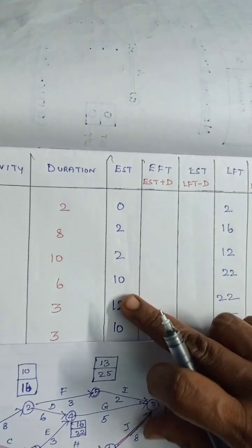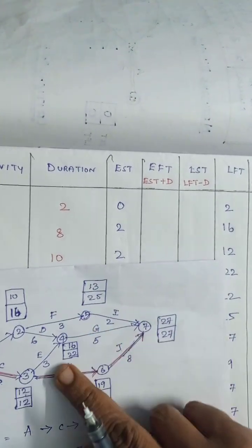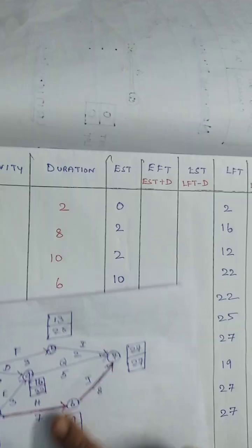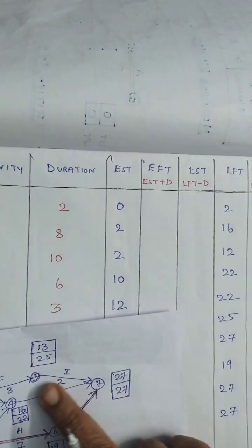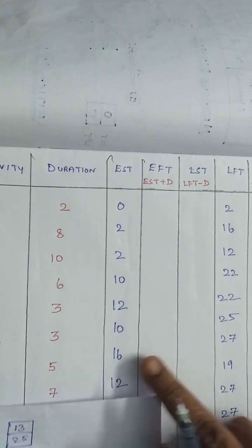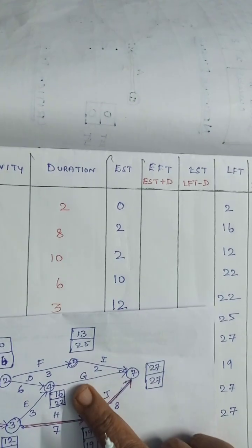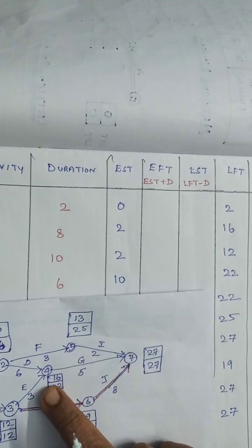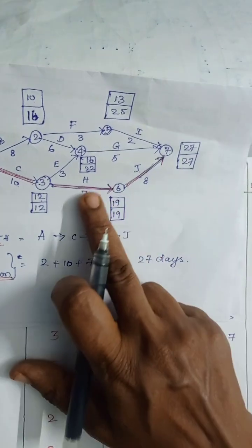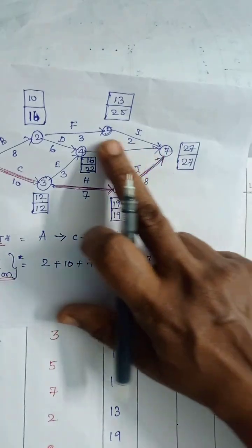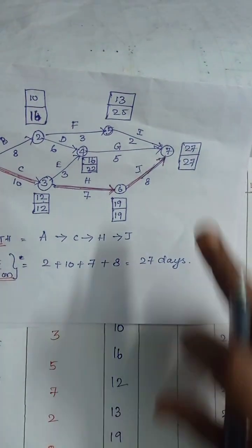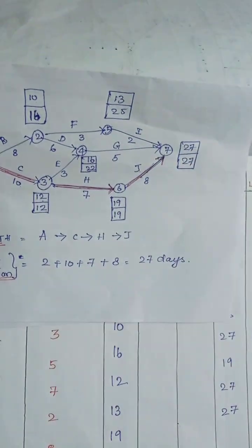After that you have to write 10, 12. For E it is 12. For F it is 10. For G it is 16. For H it is 12. For I it is 13. For J it is 19.